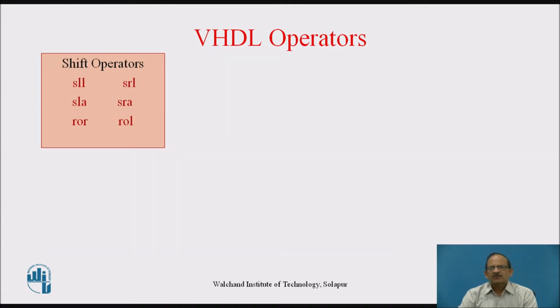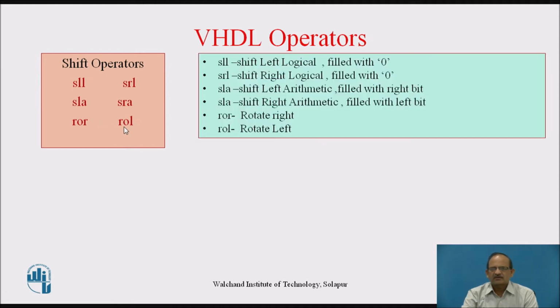Now the next class of operators is shift operators. You have logical shifts, shift left logical and shift right logical. Then you have arithmetic shifts, that is shift left arithmetic and shift right arithmetic, and you have rotate instructions, rotate right and rotate left.